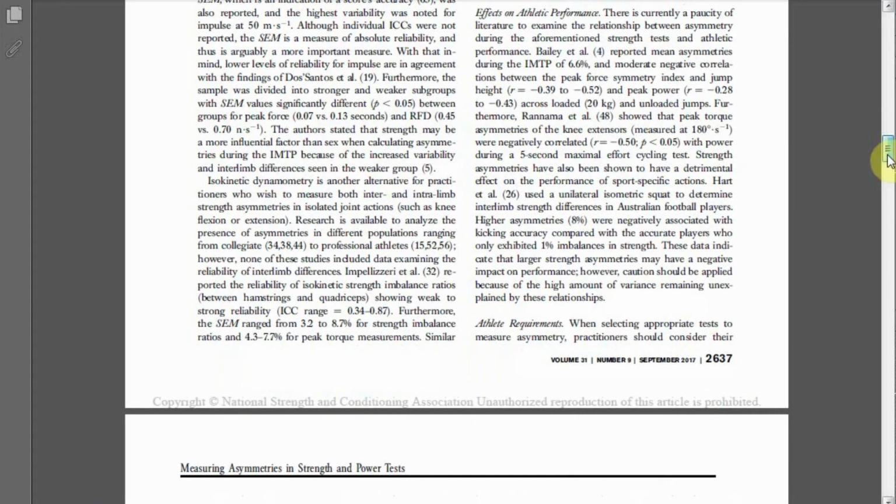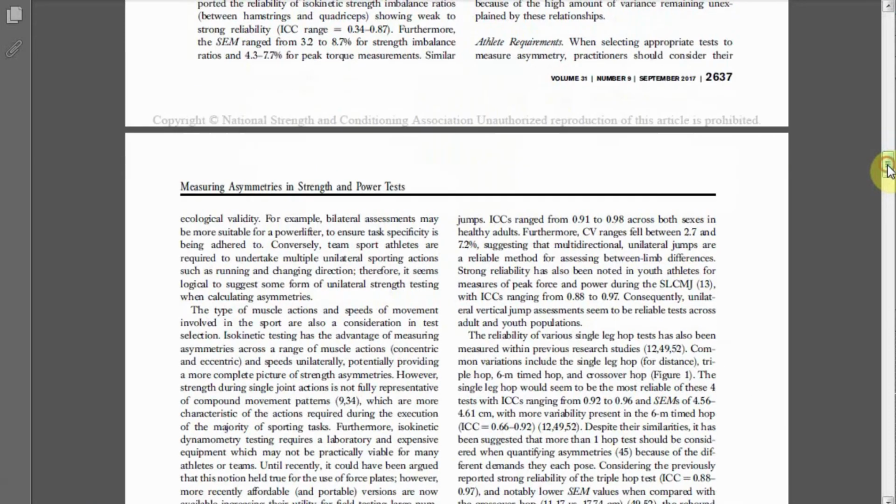And the third factor was athlete requirements. And I guess whilst this is somewhat tailored for before we even start with an athlete by looking at the needs of their sport, the needs of that individual, we put a little bit of a focus on whether we should be testing our athletes bilaterally or unilaterally.